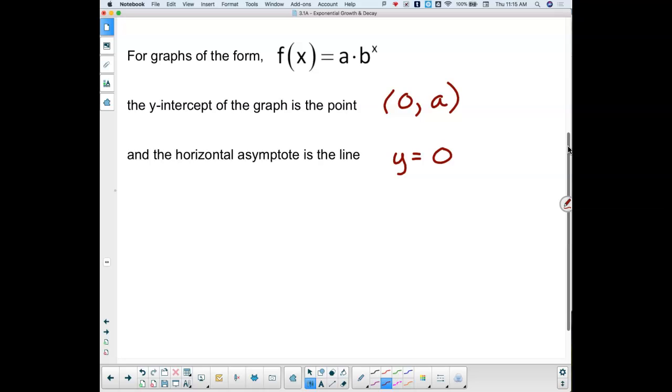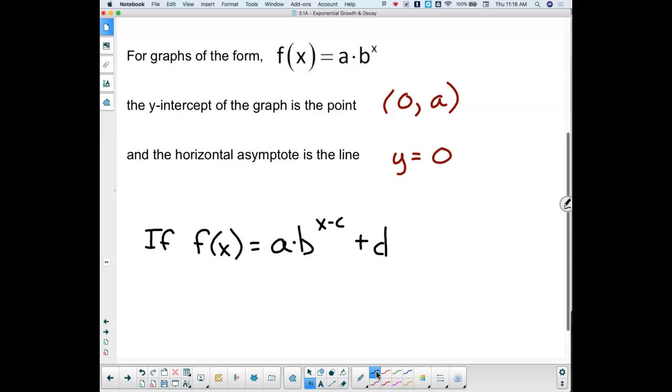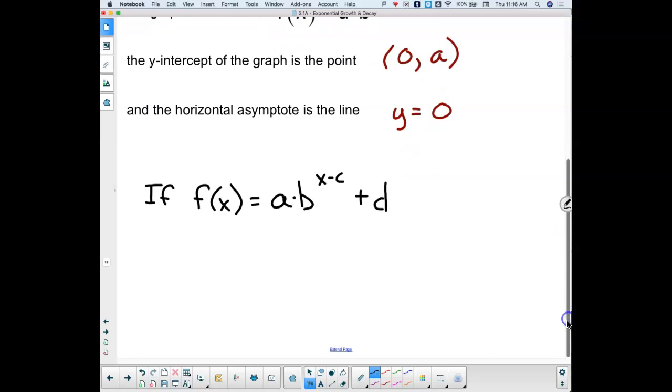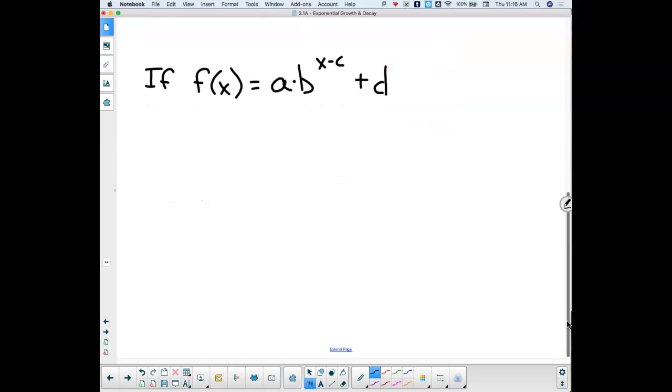Now, that's not the only kind of exponential function that we have. Because if my function was equal to a times b to the x minus c power, then plus d, now things get a little shifted because of different aspects of exponential functions.